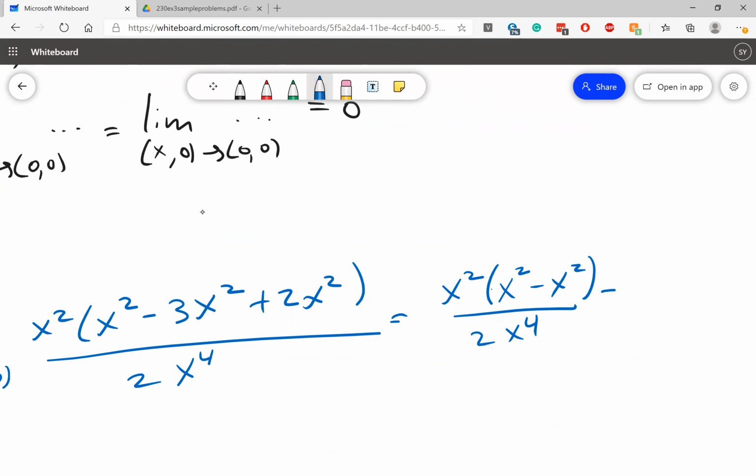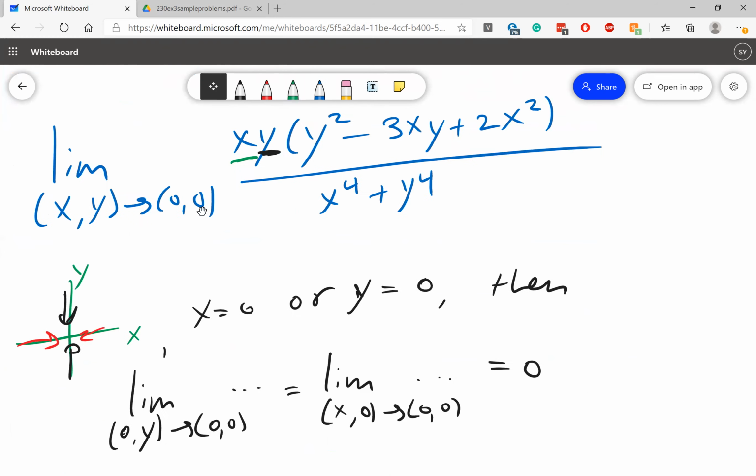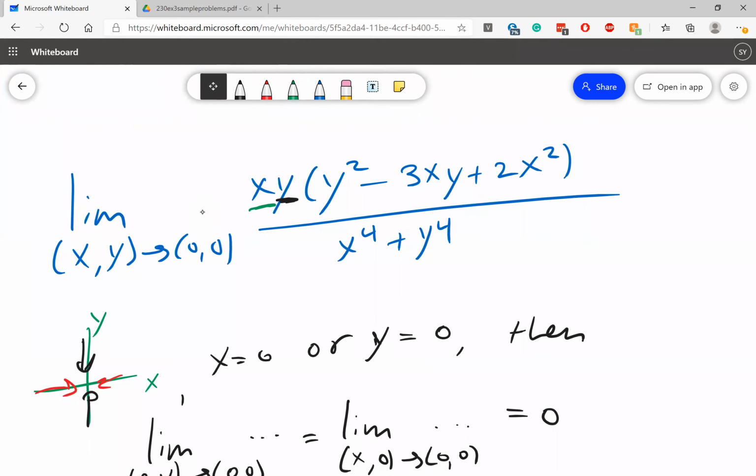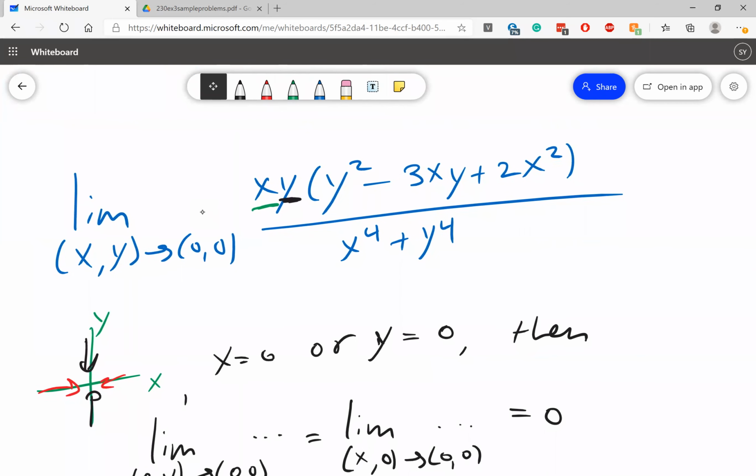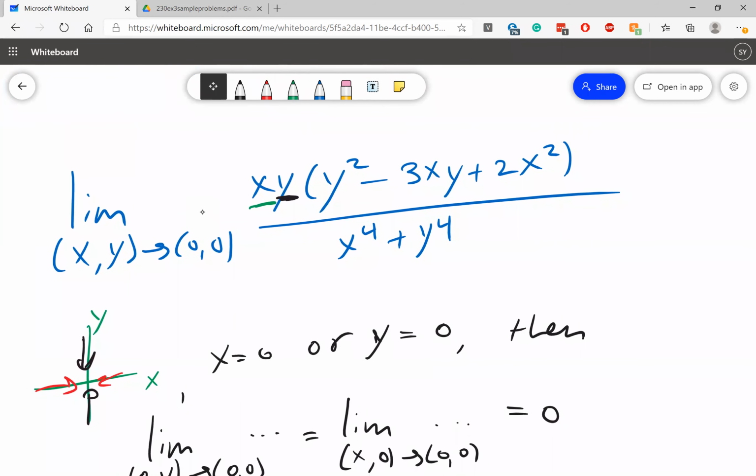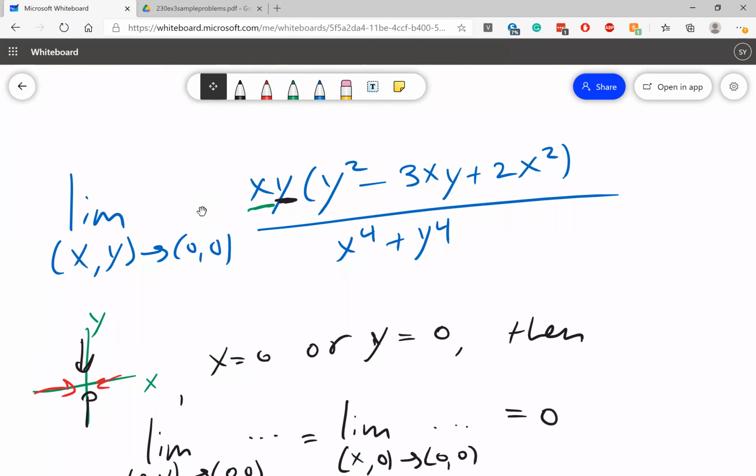So the limit of this thing would once again be equal to 0. Let's try to see if there's a different way of approaching this, which would get us some different number.